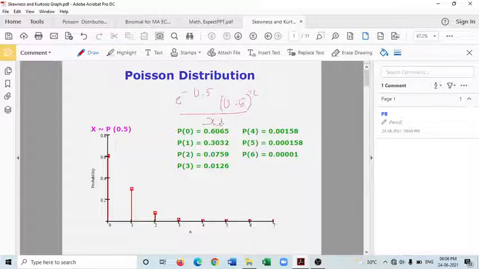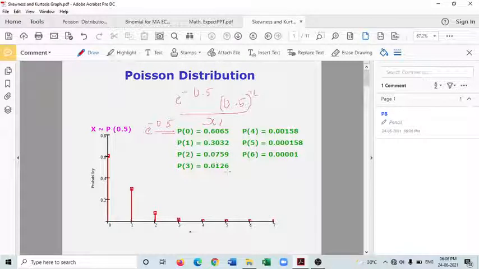So when we put in 0, it is e raised to minus 0.5, then 0.5 raised to 0 by 0 factorial, which is equal to e raised to minus 0.5. We get its value using a calculator or some tables, and its value is 0.6065. So what is actually 0.6065? It's the simplified value of e raised to minus 0.5.